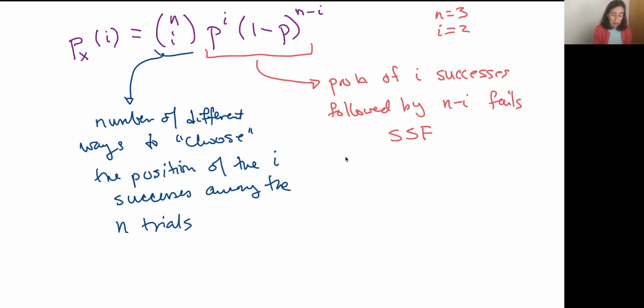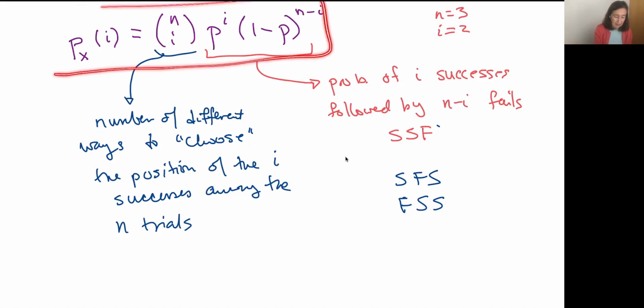Okay, so what we're doing when we multiply by n choose I is we're saying, well, hey, SSF is one way to get I equals 2, but so is SFS, so is FSS. And so multiplying by that 3 choose 2, which would equal 3, would account for the fact that we're just counting successes. We don't care if they all come at the beginning for the binomial or they all come at the end or whatever. Okay, so that's the logic behind this formula.